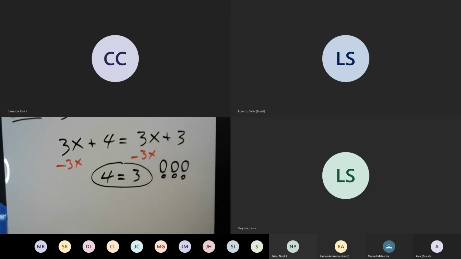And so a non-valid equation, there's no solution to it. So what we put down is no solution. So questions about that?